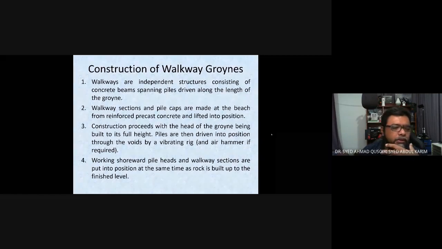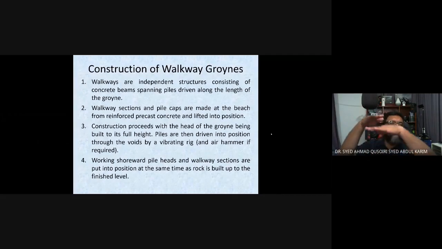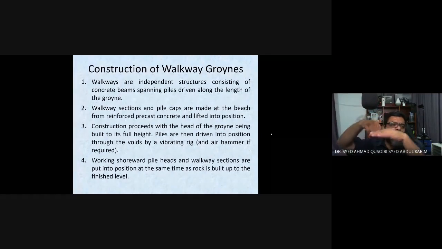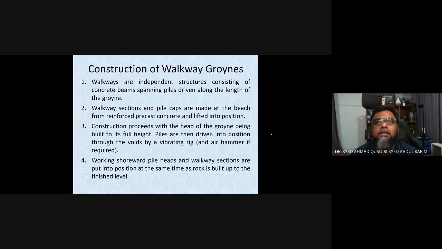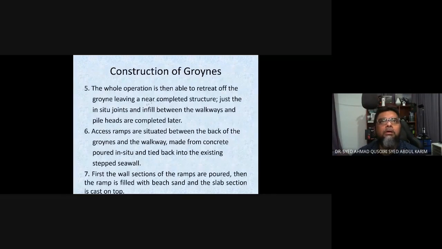So dia punya walkway ni betul-betul atas groin tu. Kan? So once you dah siap buat groin tu to its expected height, then dia akan drive pile untuk buat laluan pejalan kaki lah. The whole operation is able to retreat off the ground, leaving the near completed structure.